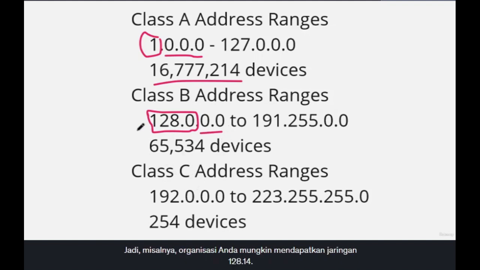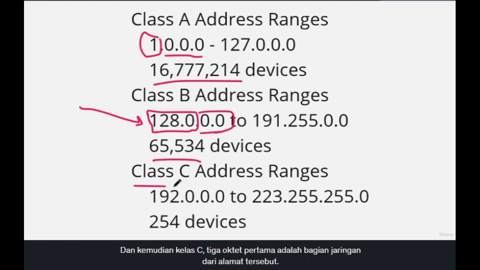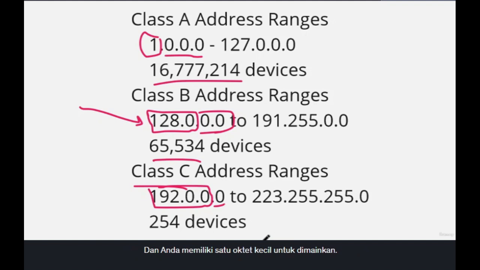So for example, your organization might get the 128.14 network. So every device in your network that has a public IP has to start with 128.14, but then you can use these last 2 octets however you want. And so that's going to give you about 65,000 devices. Then a Class C, the first 3 octets are the network portion of the address, and you have one octet here to play with.